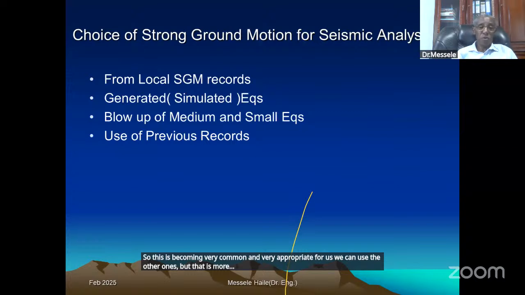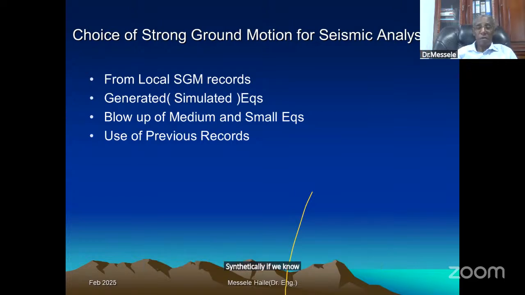How do we get our strong ground motion? Earlier, I mentioned local strong ground motion records. If we have that, it is the best, but we don't have it all the time. Generated, we can generate synthetically, if we know, or by deterministic seismic hazard analysis method.